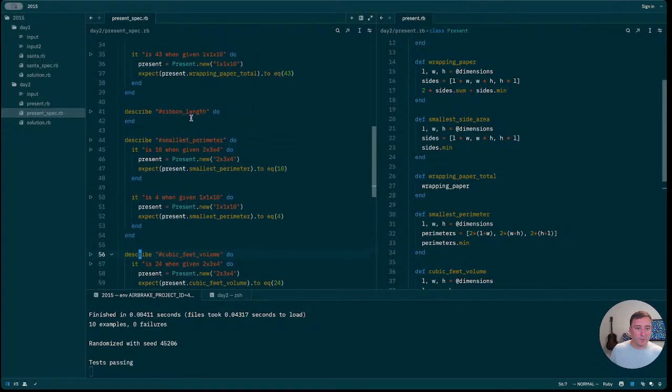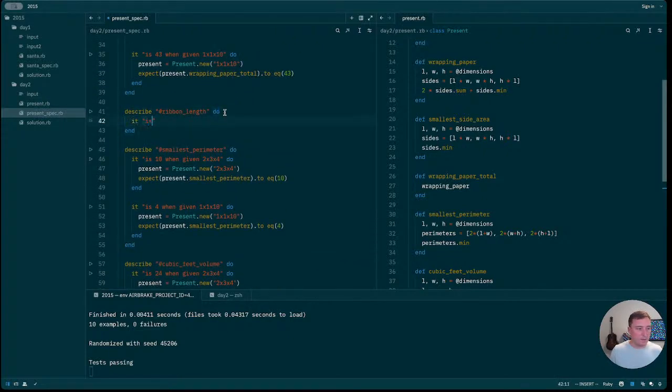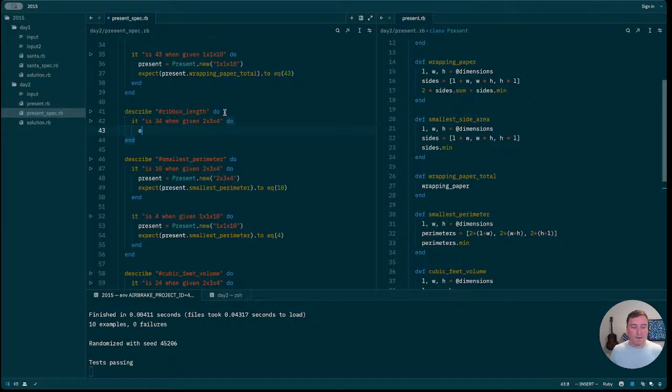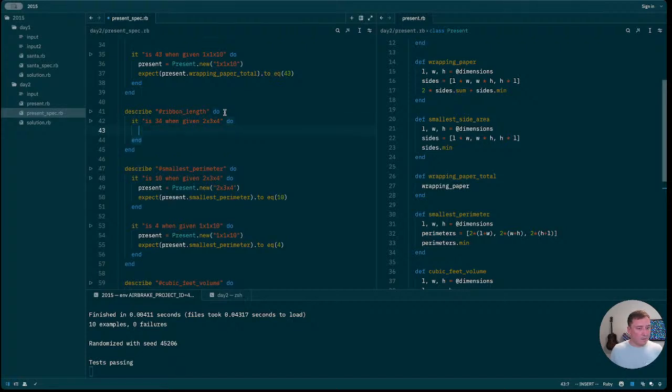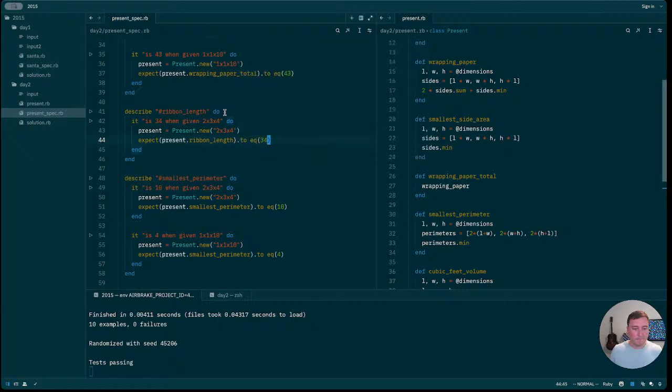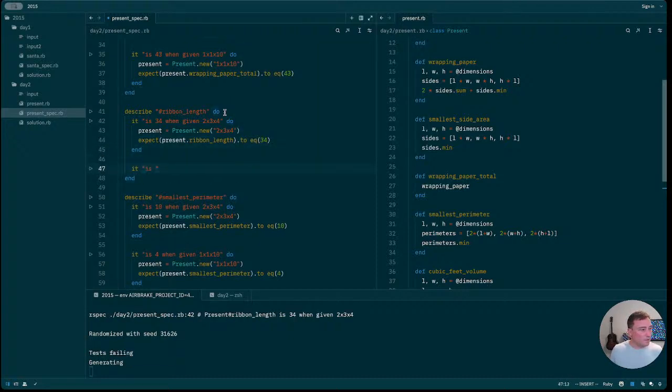And so ribbon length is 34 when given 2 by 3 by 4, and let's do this. Let's say if it's going to finish that, it is 14 when given 1 by 1 by 10.